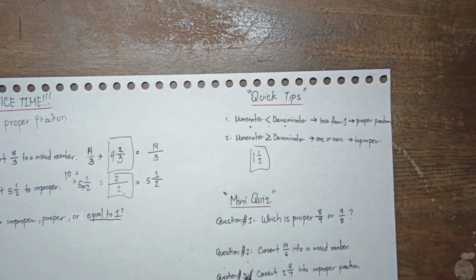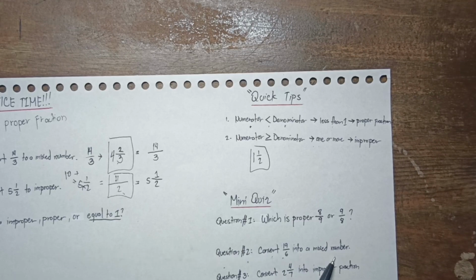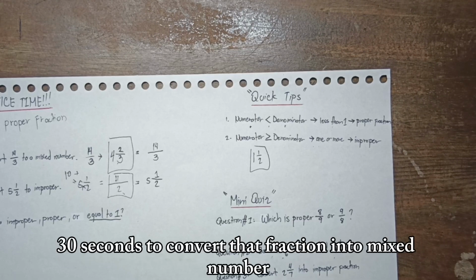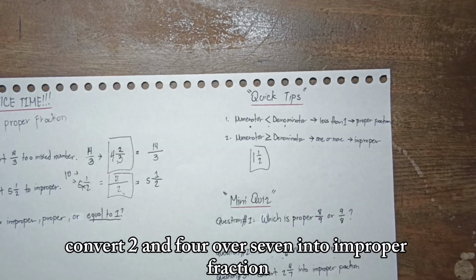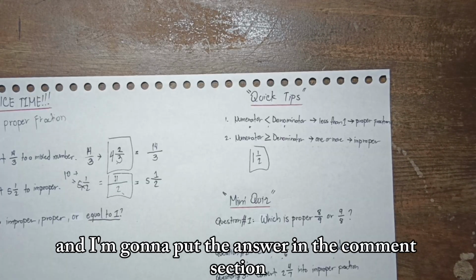Question number 2. Convert 19 over 6 into a mixed number. You have 30 seconds to convert that fraction into a mixed number. Number 3. Convert 2 and 4 over 7 into an improper fraction. Comment down below your answer. And I'm gonna put the answer in the comment section also.